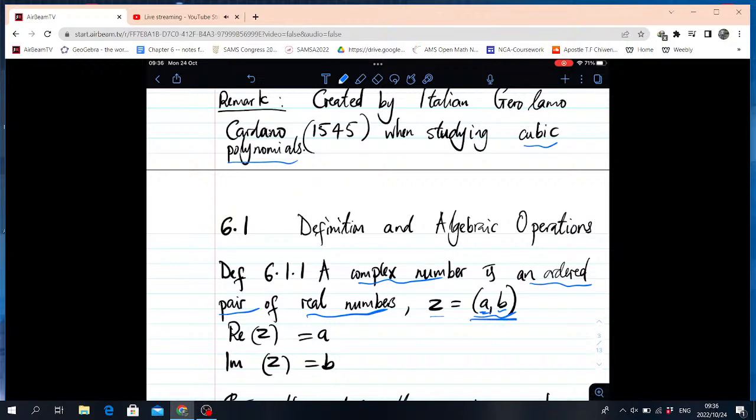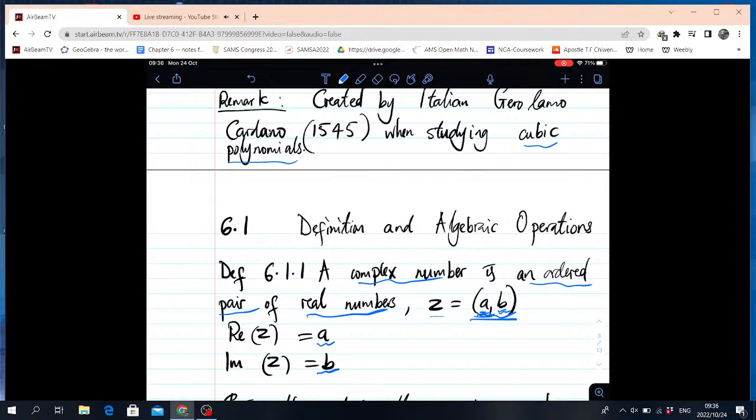And so we've got two parts of that ordered pair. We've got what we call the real part. So the real part is going to be equal to a, which is the first component there, and then the imaginary part is going to be the second component, so it's going to be equal to b, right? And so take note as we go.